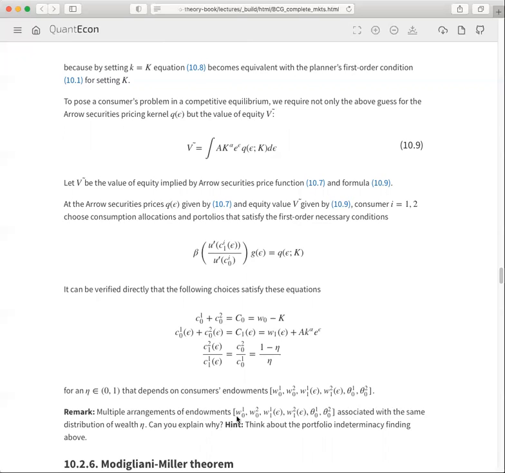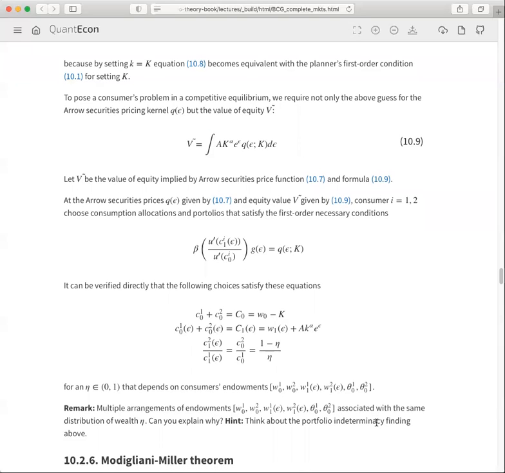So there are multiple endowment arrangements that lead to exactly the same distribution of wealth. I'm calling this eta. And you could ask why. I've given a big hint. This is linked to the portfolio indeterminacy finding. And I'm going to stop here now. I have the Modigliani-Miller theorem, which we'll talk about in the next video.